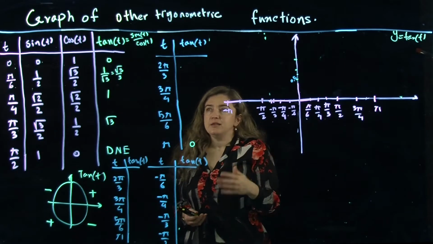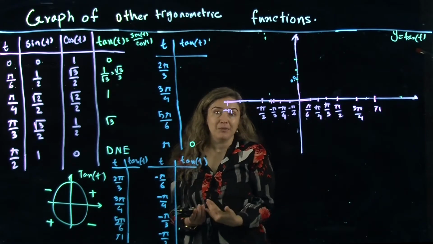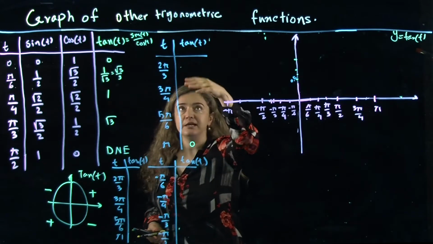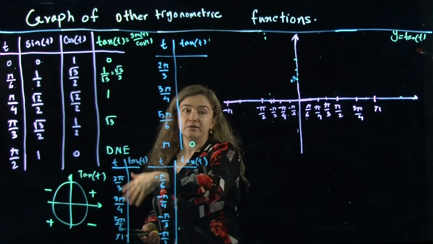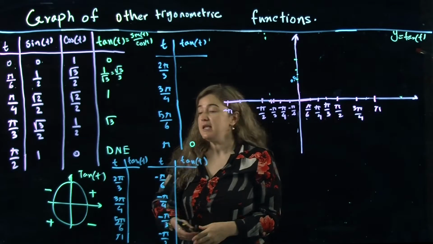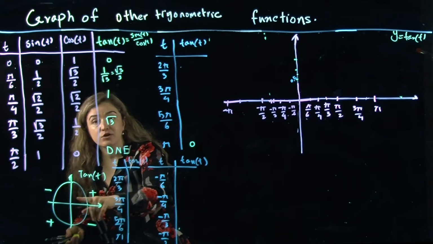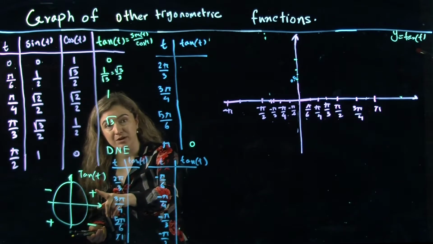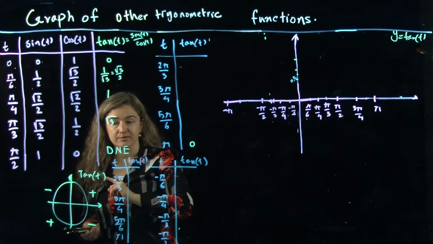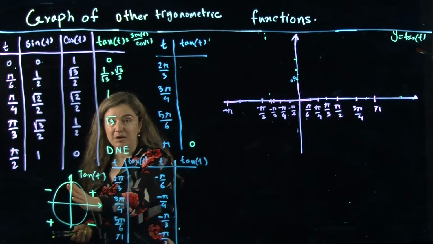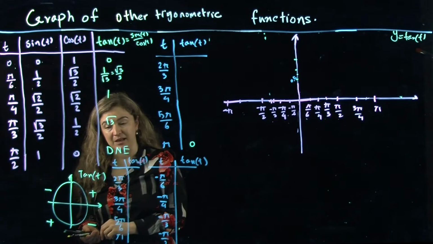Now, I can use the newly made reference table for tan to calculate the values for other quadrants. Something to notice is that in the first quadrant, both sine and cosine are positive, so tan is positive. In the second quadrant, cosine is negative, sine is positive, so the tan is going to be negative.